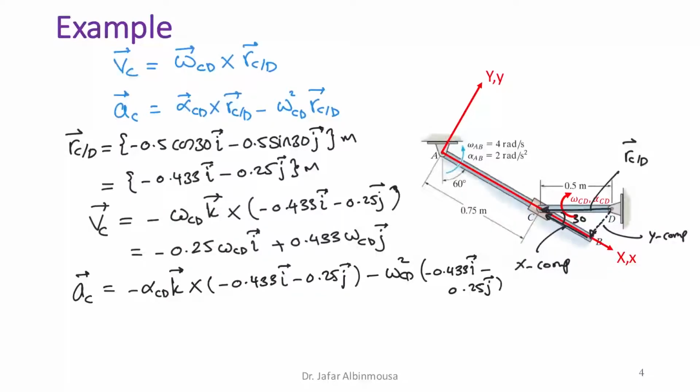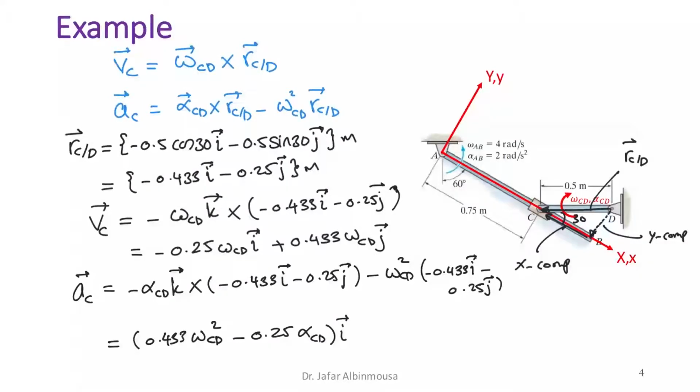So I will get the acceleration as 0.433 omega CD square minus 0.25 alpha CD.